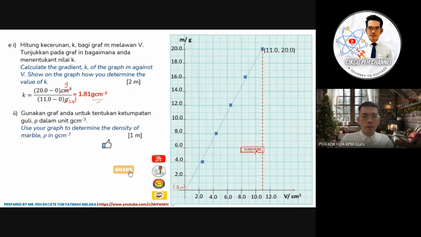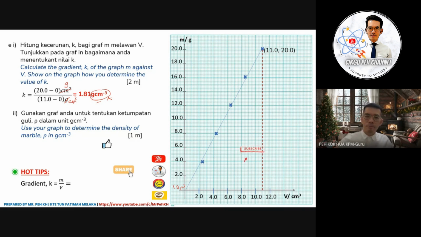Okay, so the next question asks you to use your graph to determine the density of the marbles in gram per cm cube. How can we get the density? Do you notice that the unit you get for the gradient is actually the density, where mass over volume? So the density here is actually the density of the marbles.